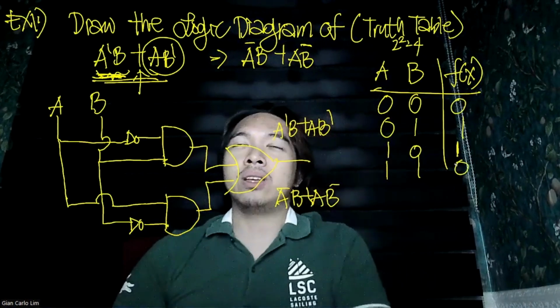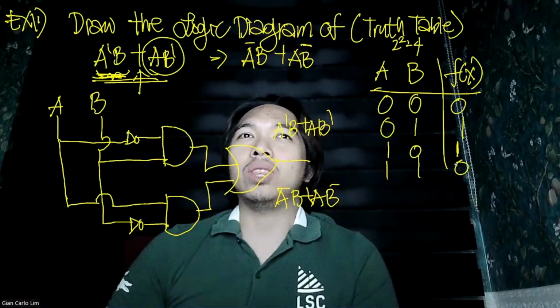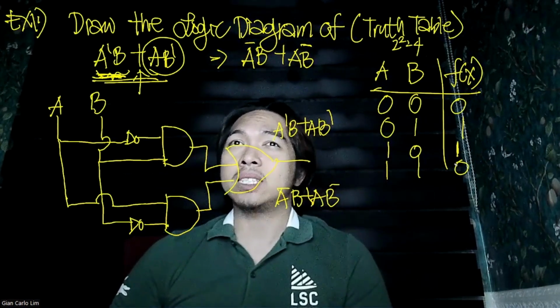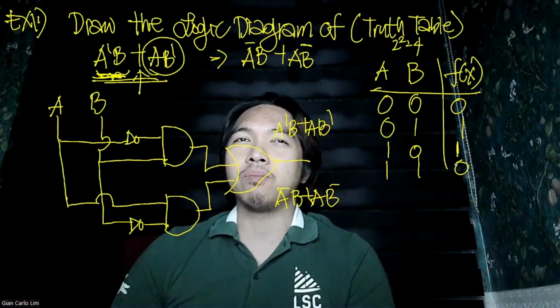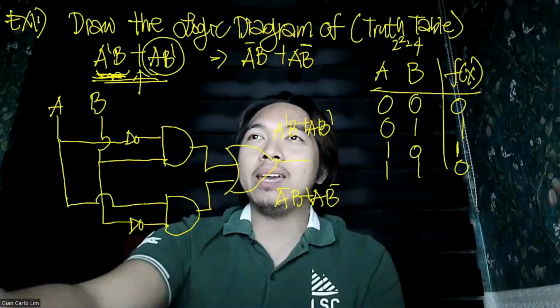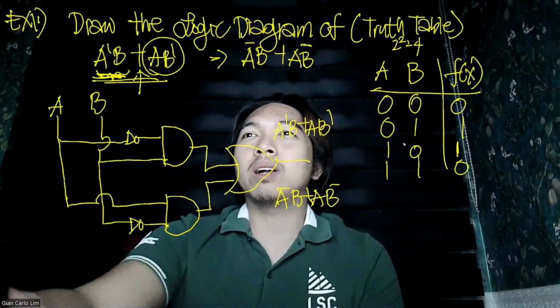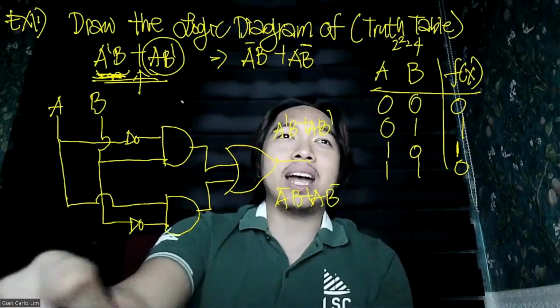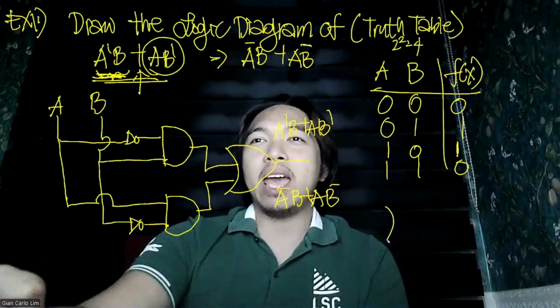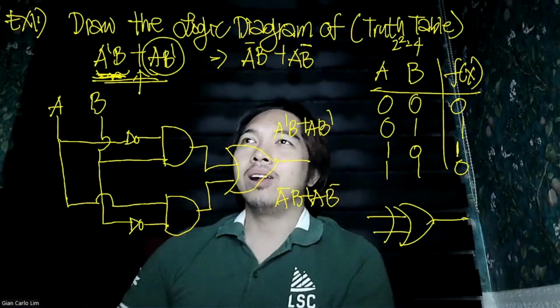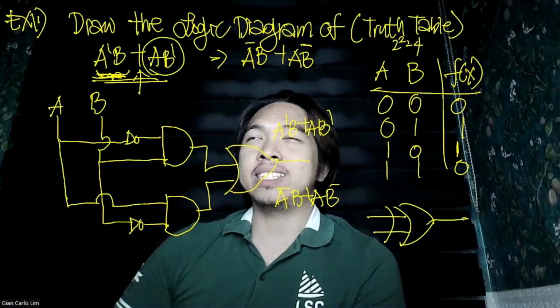And this is now our answer, our truth table. Let's inspect the truth table a little. What do you notice? The ones that are the same became 0, and the ones that are different became 1. That would mean this is the expanded version of XOR. Questions with that example?